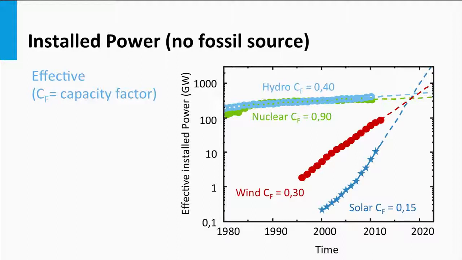If we use these capacity factors, we can look at the effective installed power of these electricity sources. Currently, solar energy generates an order of magnitude less electricity than hydro and nuclear. However, I claim that the trend in the growth of solar energy will continue the coming years.